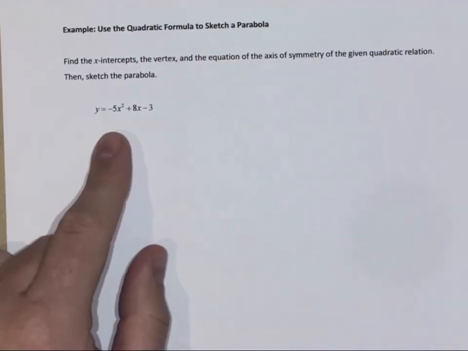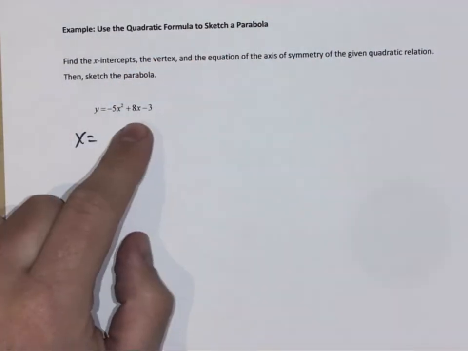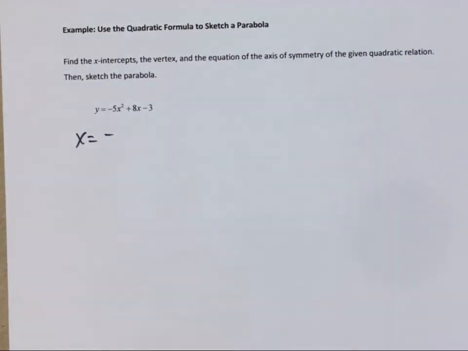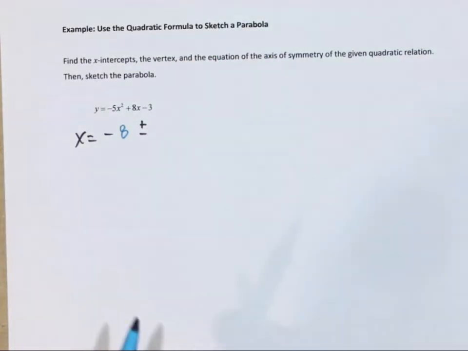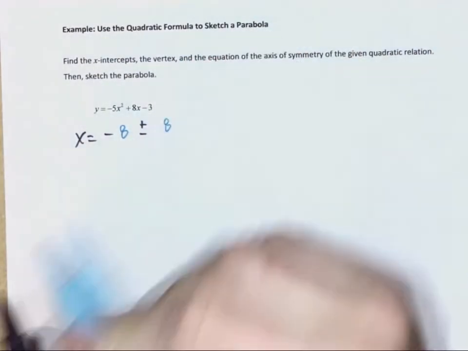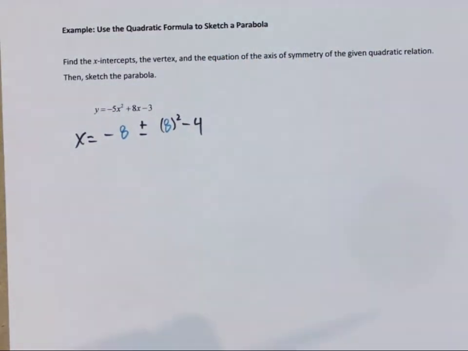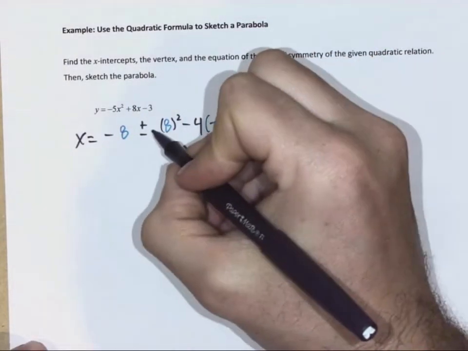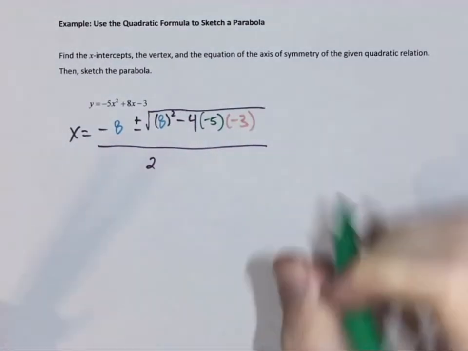To find my x, I'm going to have, again, negative b plus or minus the square root of b squared minus 4 times a times c, divided by 2 times a.